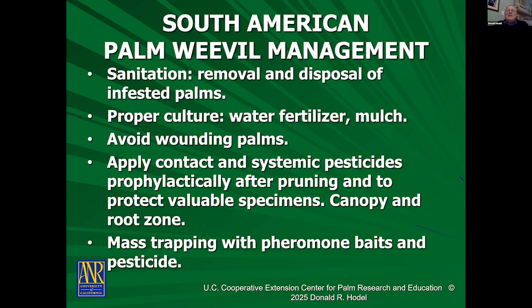So the most important thing is sanitation, removal and disposal of infested palms. Provide proper culture, and here I'm talking about water, fertilizer, mulch. The beetle will still attack palms that are growing healthily.